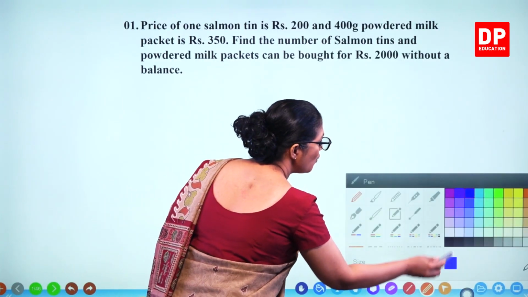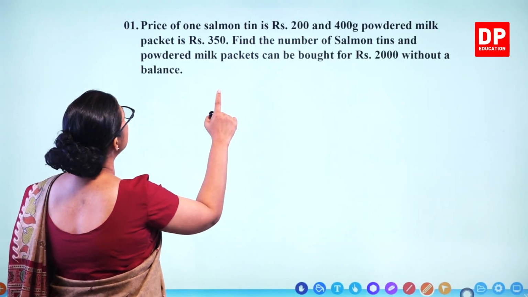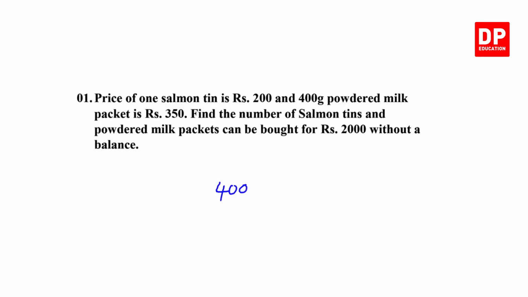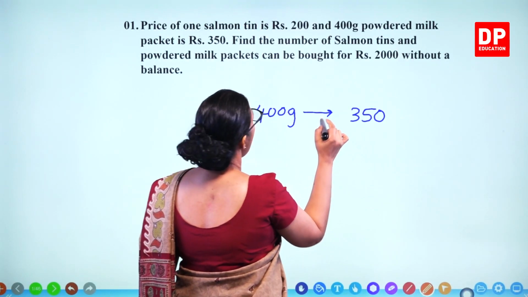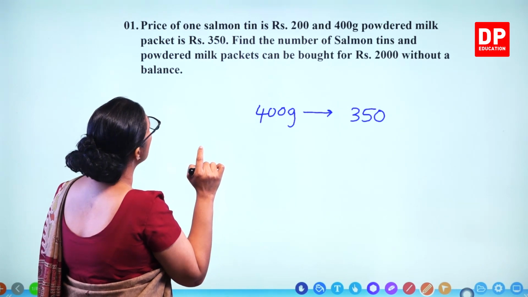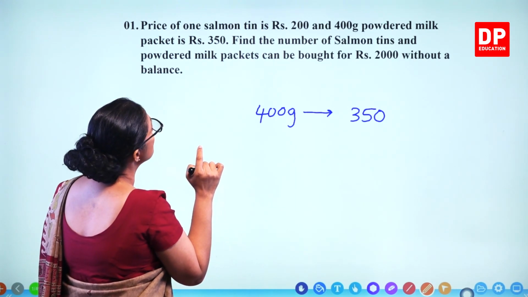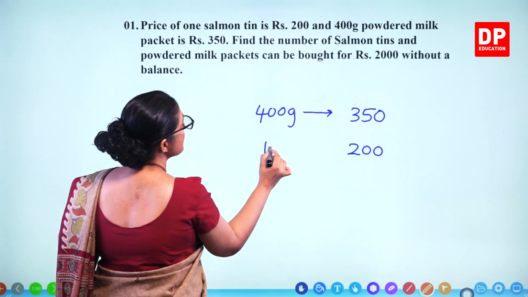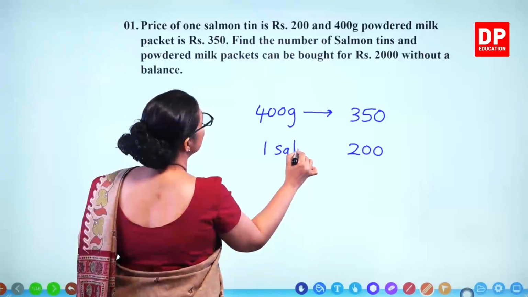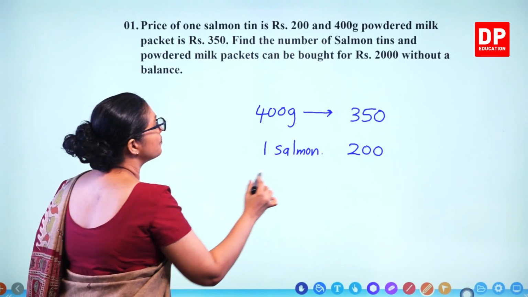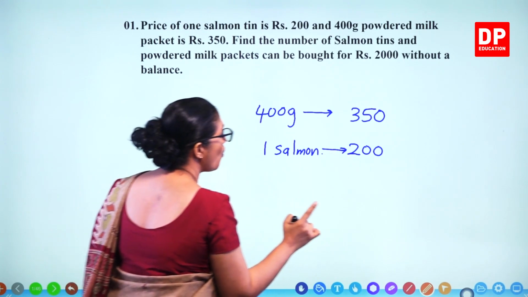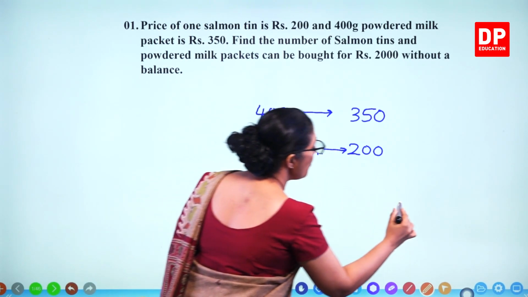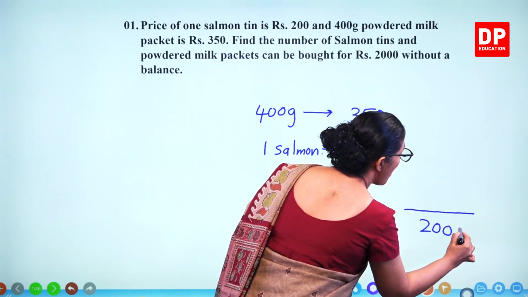First you have to look carefully. A 400 grams powdered milk packet is 350, and the price of one salmon tin is 200 rupees. So total is 2000. So how can we find 2000 rupees without any balance?